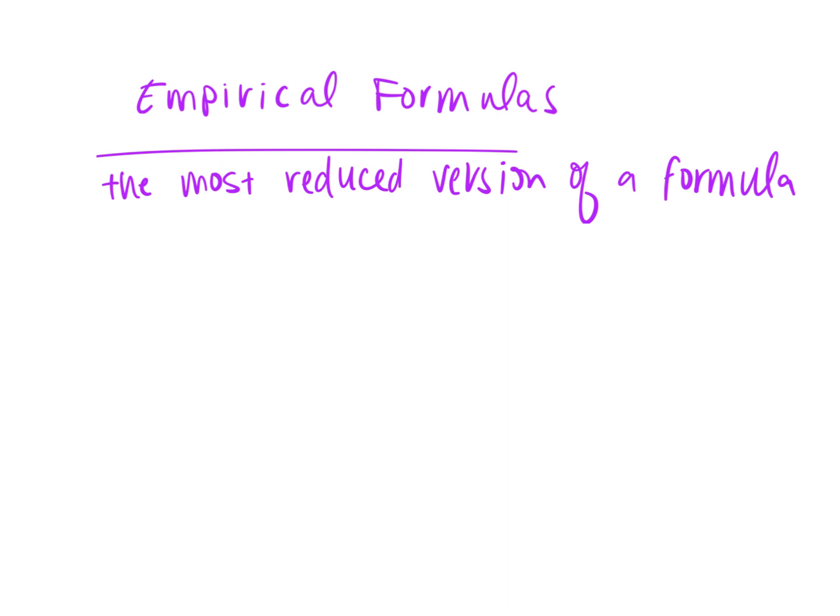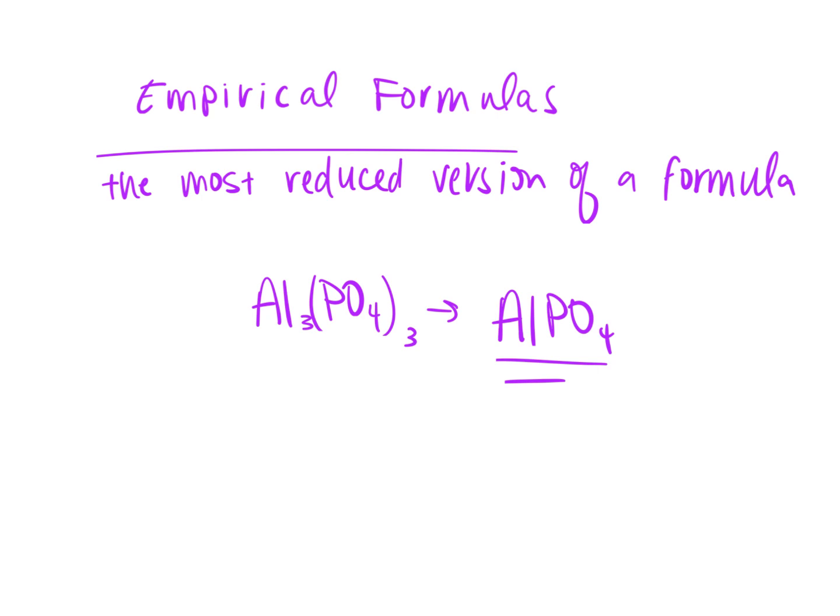So that means every ionic compound that we've built so far is an empirical formula, because we always reduce those down, right? If we had aluminum phosphate and we had left it Al3(PO4)3, that would be no good, right? Because we know we have to reduce those 3's down. Would we agree? So the correct formula, AlPO4, would be the empirical formula. It is the most reduced version.